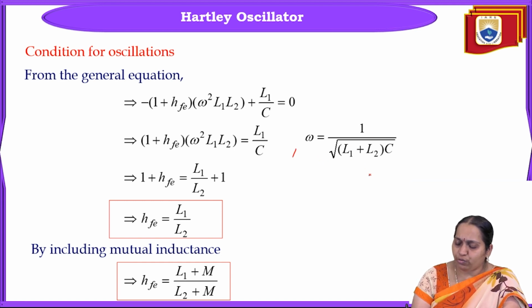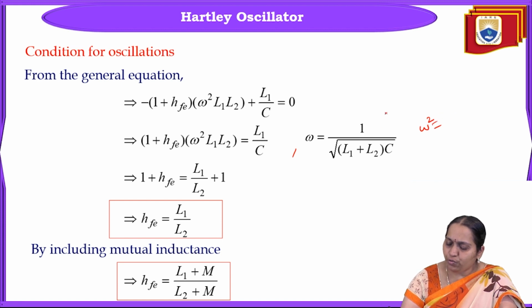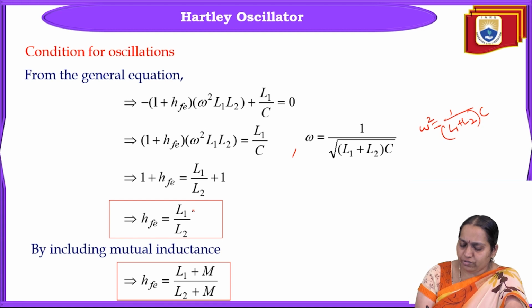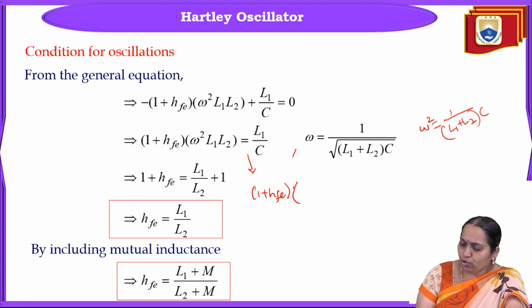Omega equal to 1 by root over L1 plus L2 into C. Or simply I can say omega square equal to 1 by L1 plus L2 into C. So replace that omega square here. From this equation, what do we get? 1 plus HFE into omega square.